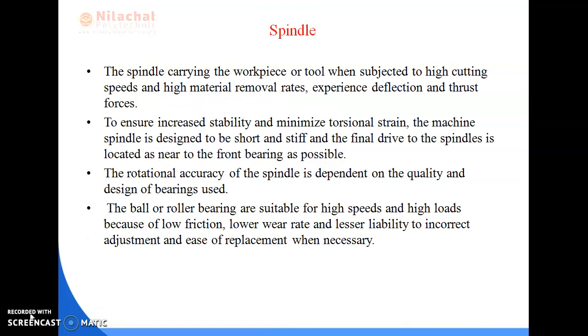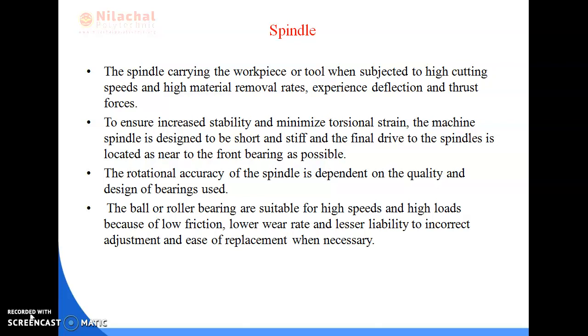Then we will come to spindle. The spindle carrying the workpiece or tool, when subjected to high cutting speed and high material removal rates, experiences deflection and thrust force. Means during working it can deflect from its own position.